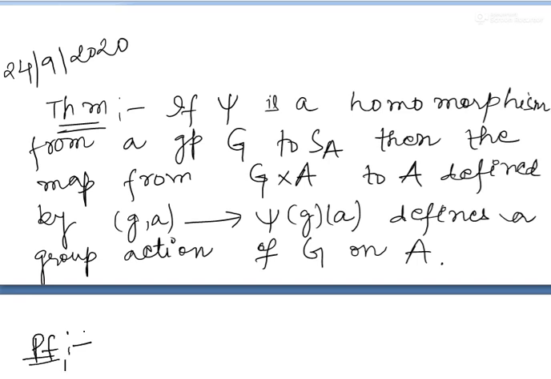Psi is a homomorphism from a group G to SA.